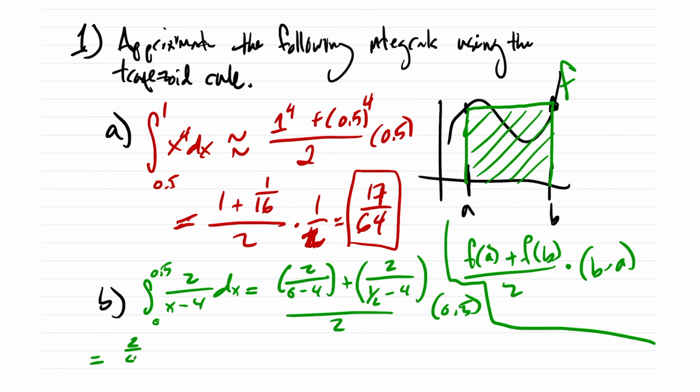So it's going to give us negative 2 over 4 plus, if I multiply top and bottom by 2, it's going to give me 4 divided by 1 minus 8. And then we have all of this divided by 4 because this is 1/2, so I can combine that with the other guy. All right, so continue on. This is minus 2 over 4 plus 4 over negative 7 divided by 4, and let's keep it going.